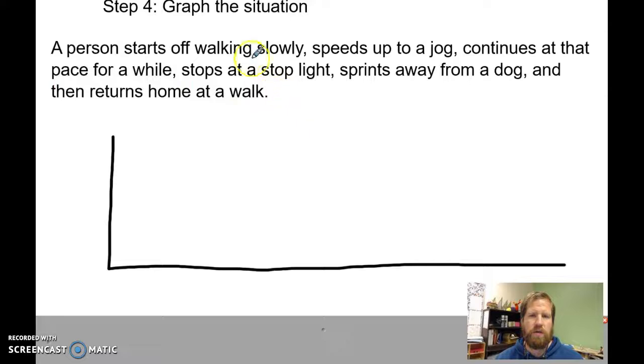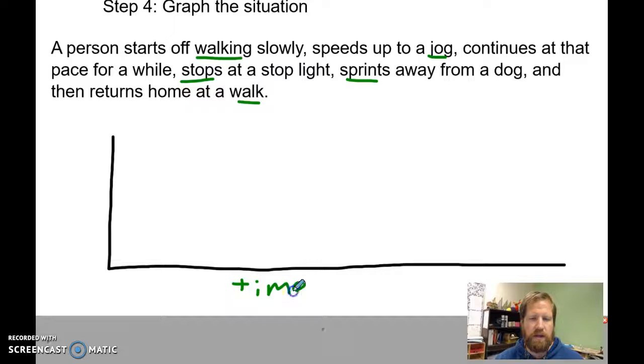So this sounds to me like we're looking at different speeds, right? Person walking, jogging, stopping, sprinting, walking again. These all seem like speeds at which they're going. And it looks like to me, and this is the most common, our x-axis, our independent variable, is going to be time, right?